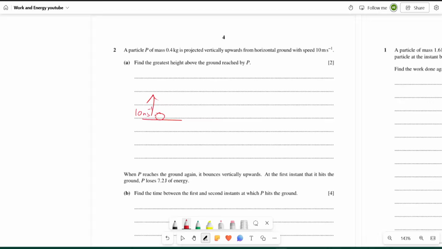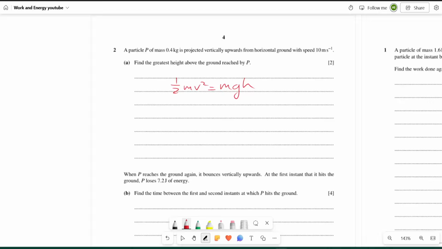The greatest height. So this object started with some kinetic energy because it's moving. And as it goes up, this kinetic energy is going to change into gravitational potential energy. When all the kinetic energy changes to gravitational potential energy, the object is going to reach its maximum height, and then it's going to start going back down again. Okay, so basically half mv squared, the kinetic energy, is going to equal mgh.